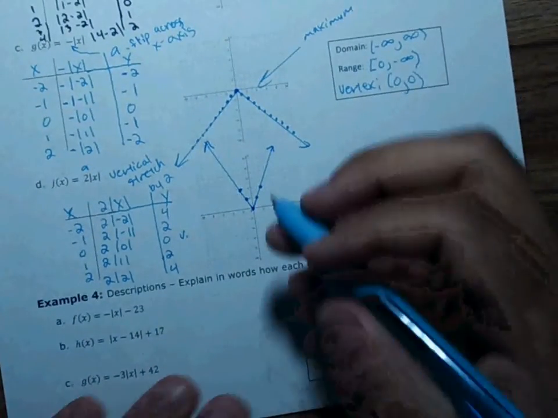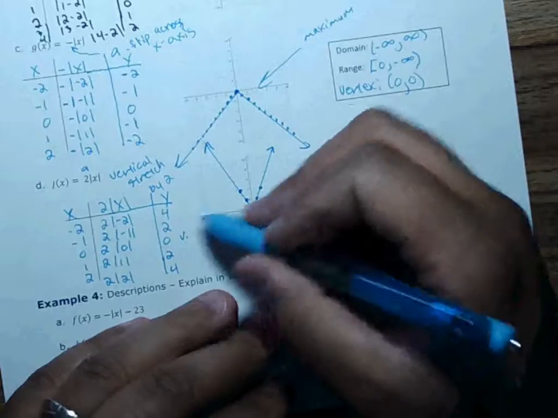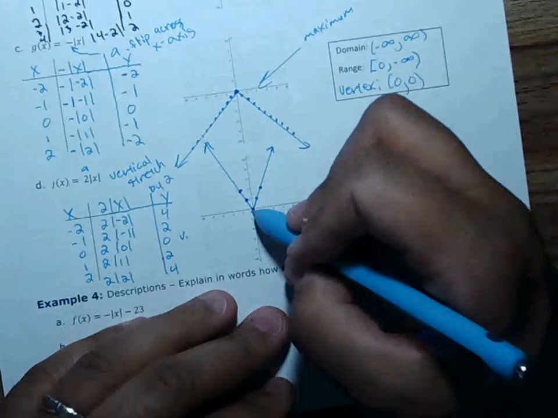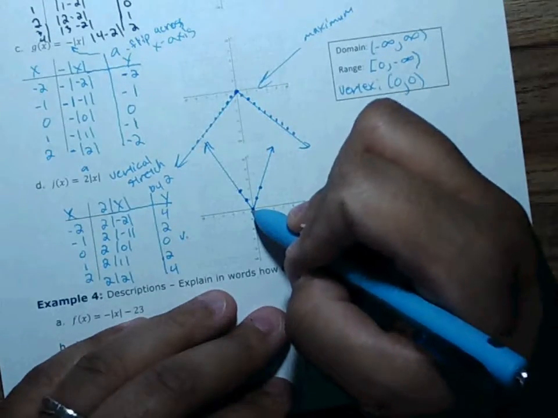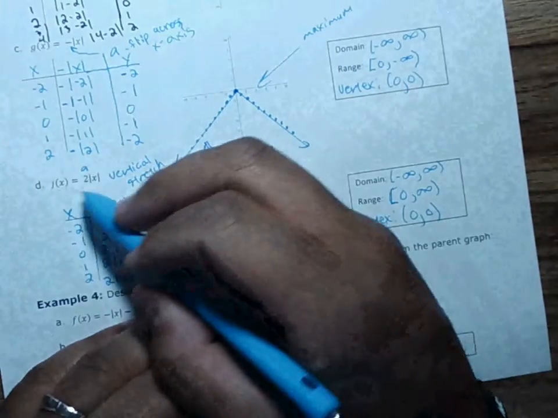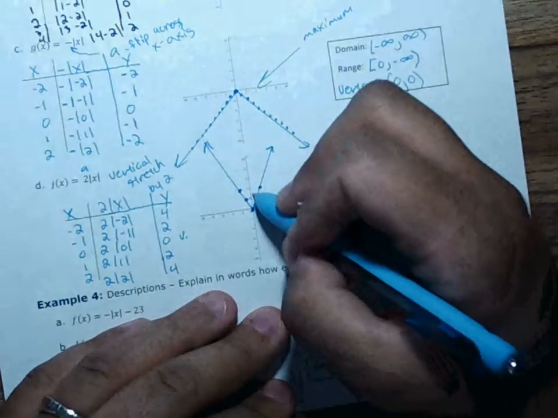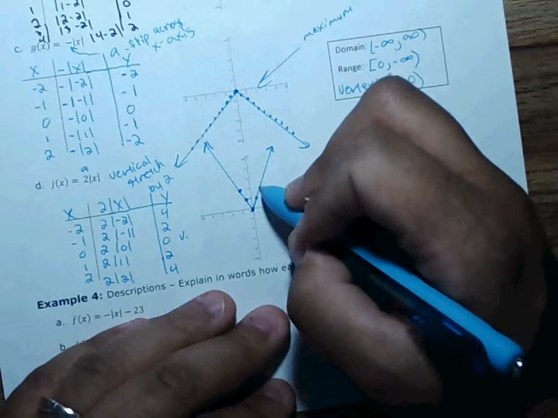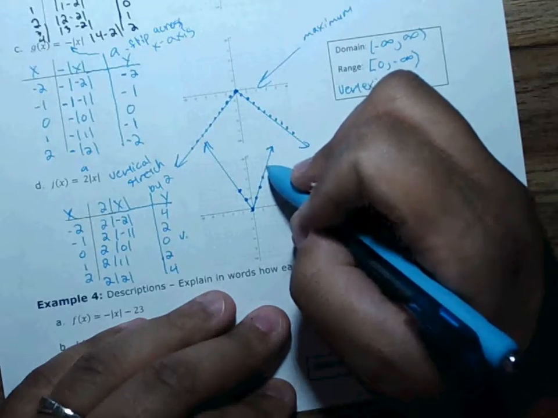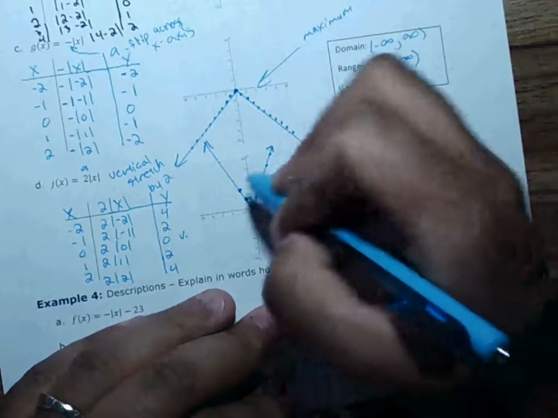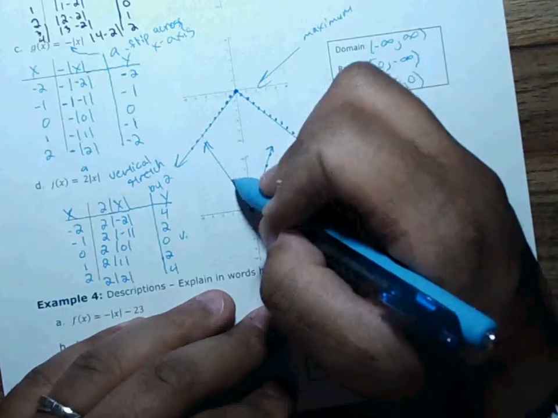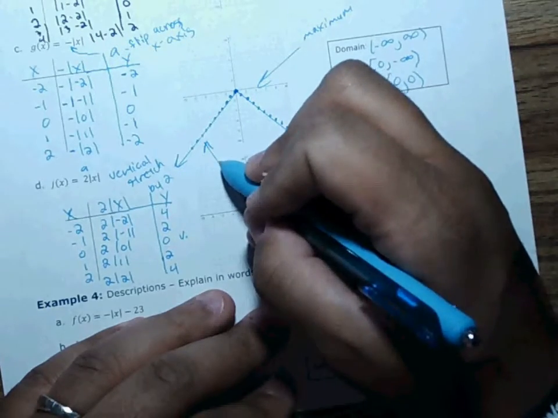So one way that you can think about this when graphing, as opposed to plotting all of these points, is if you get your vertex right, you're going up 2 and to the right 1, which is the same as a. Up 2 to the right 1, and then up 2 to the right 1, up 2 to the right 1, up 2 to the right 1, up 2 to the left 1, up 2 to the left 1, up 2 and to the left 1.